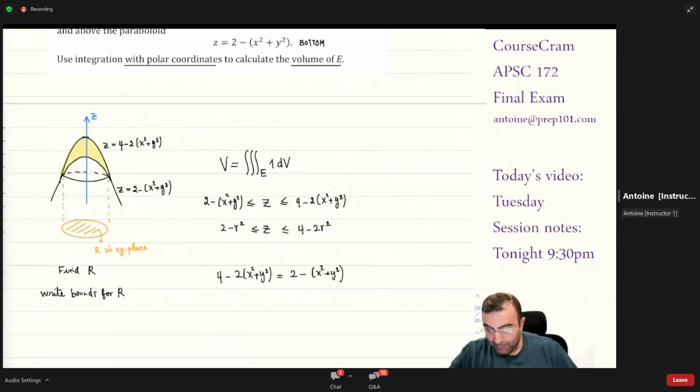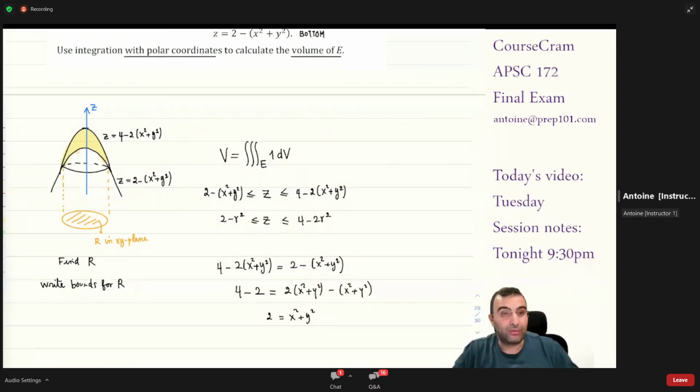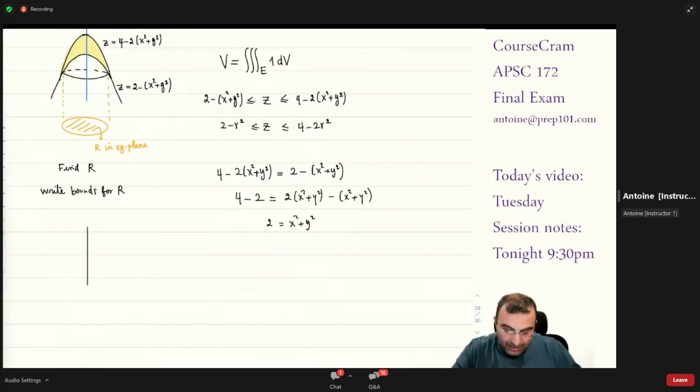Let's keep solving in terms of x squared plus y squared. So 4 minus 2 is equal to 2 times x squared plus y squared minus x squared plus y squared. So we get x squared plus y squared equals 2. So the region in the xy plane is the disk of radius root 2.